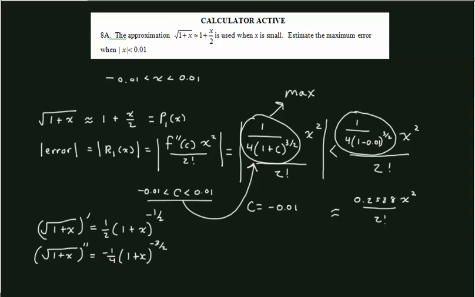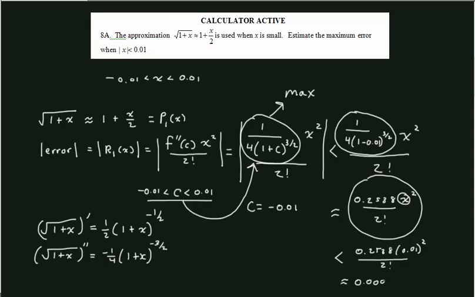So there's our expression. Now we go back to x and say, well, what is the value of x that will make this expression maxed? And we're going to say that's going to be when x is equal to plus or minus 0.01. So 0.2538 times 0.01 squared over 2 factorial, which is approximately 0.00014.